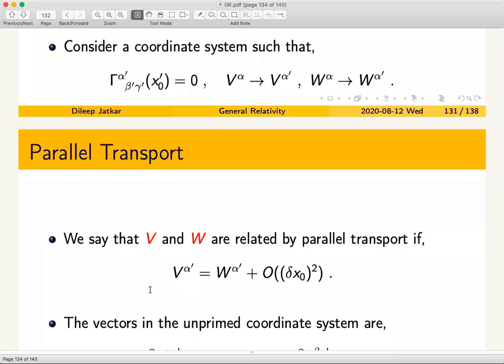Okay, so that is the correction. There is no linear in delta x correction which relates v with w. So it's directly quadratic onwards.